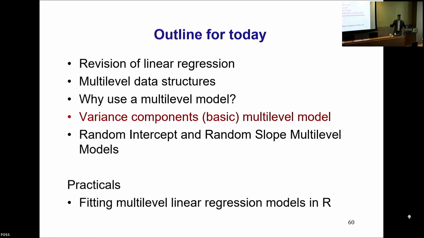So the next part is we are going to understand a little bit more about this very basic multi-level model. It's called a variance components model. It decomposes the overall variance into two parts, the group and the individual level.